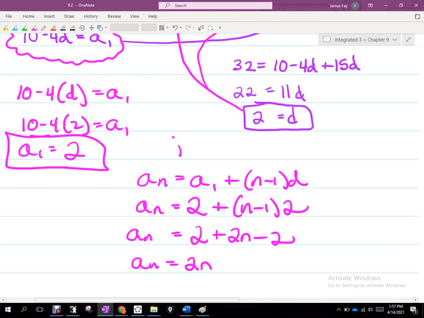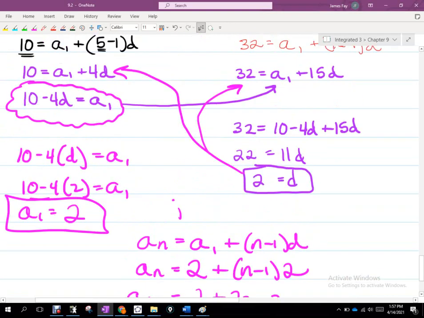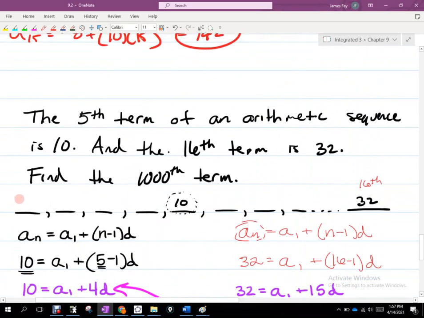So what's that mean? If n is 1, that should be 2, right? If n is 2, that should be 4. If n is 3, that should be 6. That should be 8. The common difference is 2: 2, 4, 6, 8, 10, 12, 14.